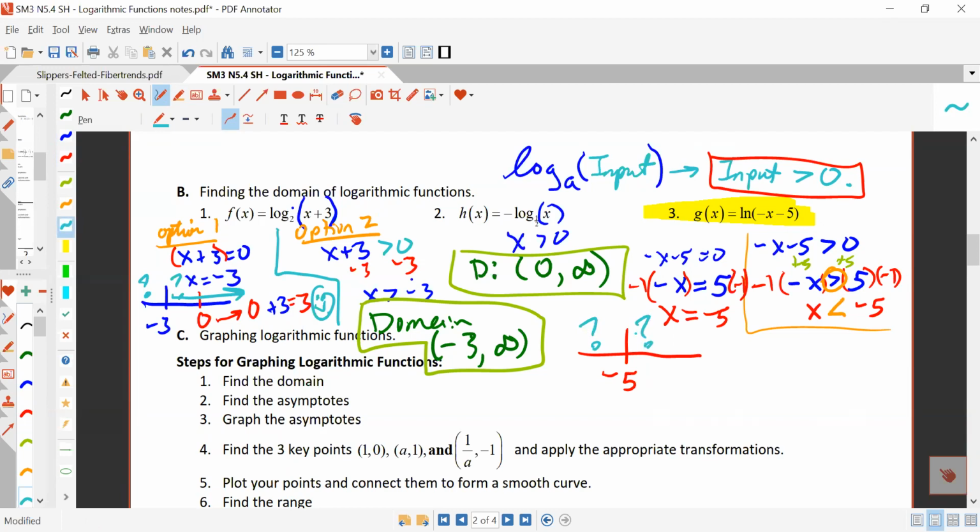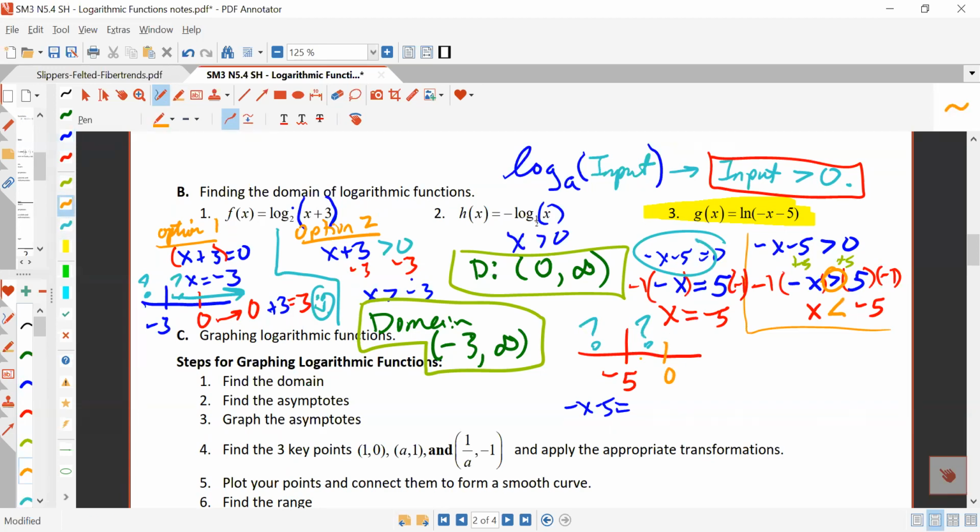What I know is that this piece here has to be greater than 0. So what I'm checking is negative x minus 5. And I choose a number. It doesn't matter what number. I'm going to choose 0 again because that's a pretty easy number for me to check.